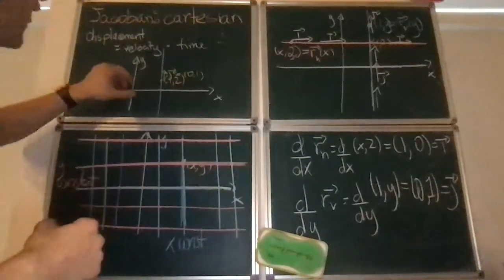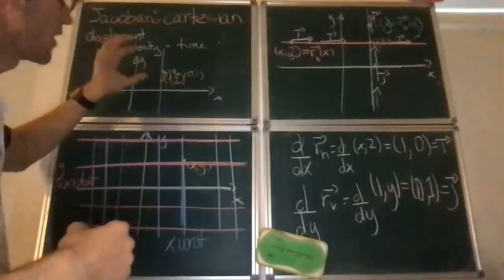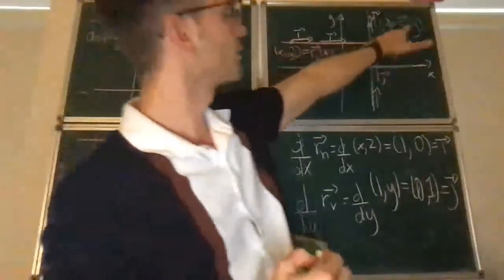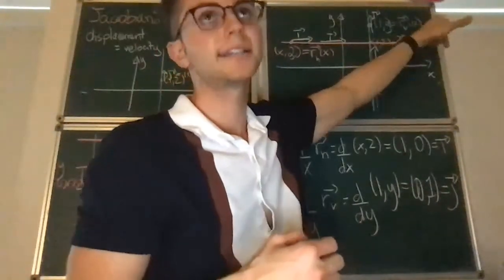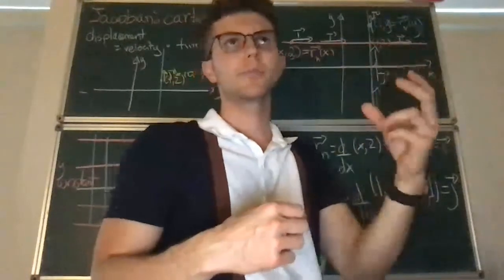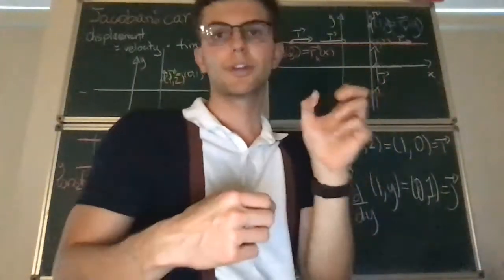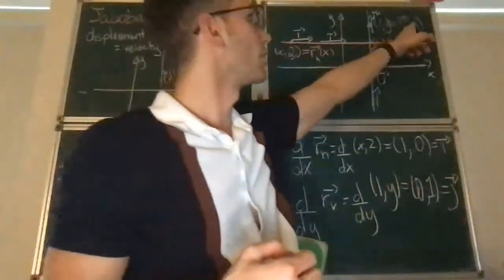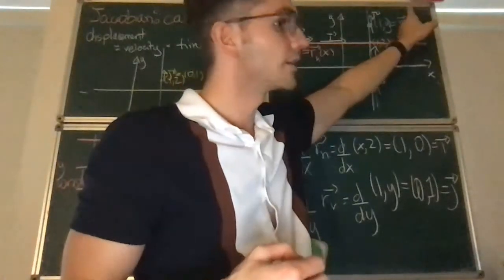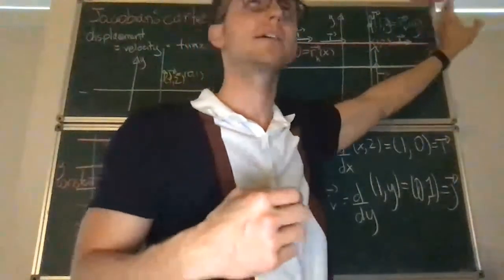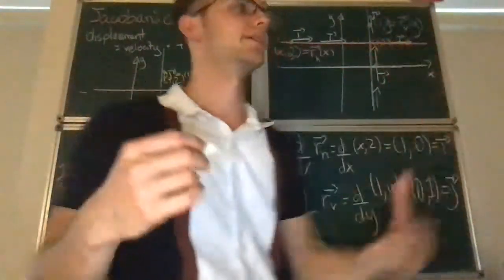Then if you move for some amount of time, the thing that's playing the role of time is y in this case. So usually a small amount of time would be called delta t. Let's think of a small amount of time here as being delta y, because y is playing the role of time.